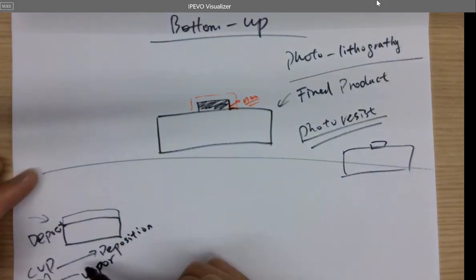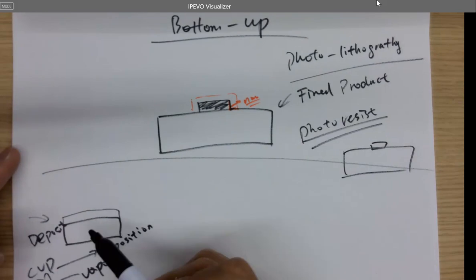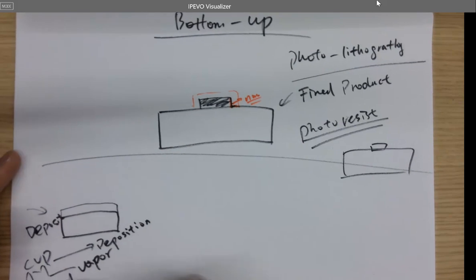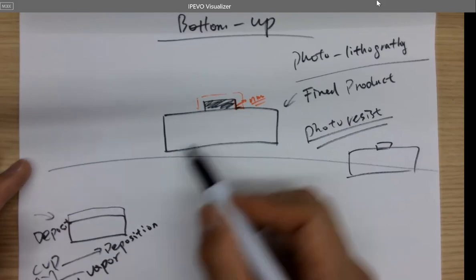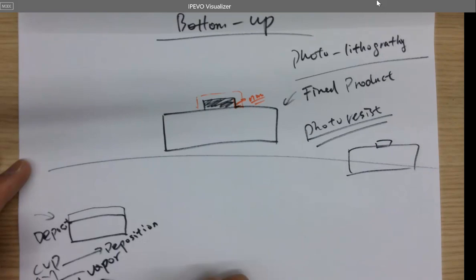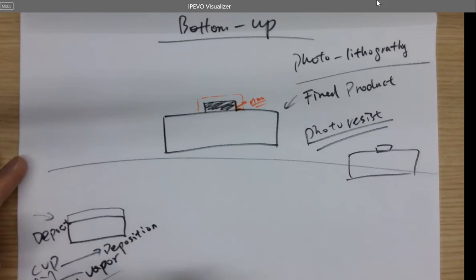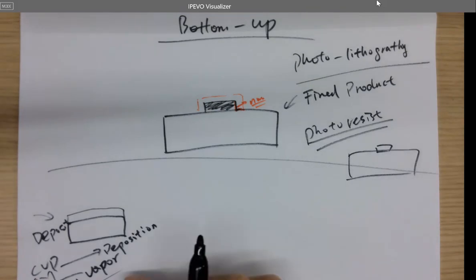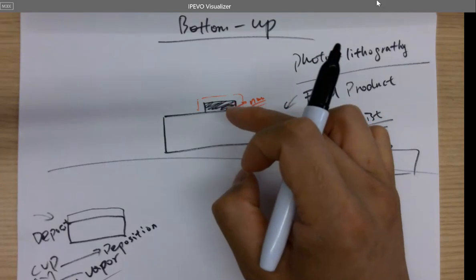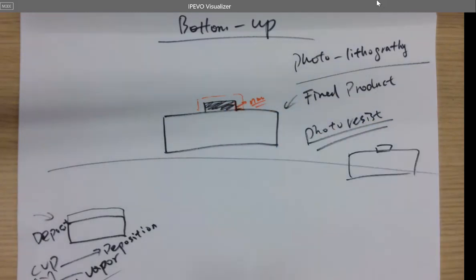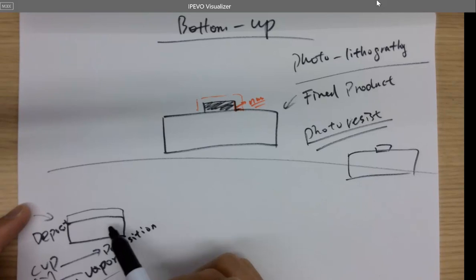You place the wafer in a vacuum and make the metal material into chemical vapor form and deposit it on the wafer. It's not spray, but similar to spray: you emit the chemical vapor of the metal particles into the chamber, and it deposits onto the top of the wafer.